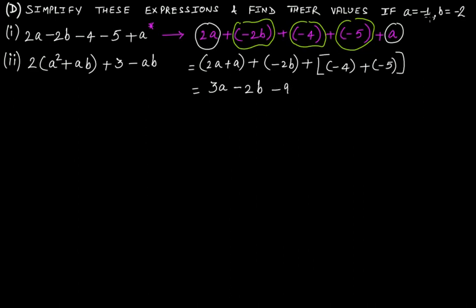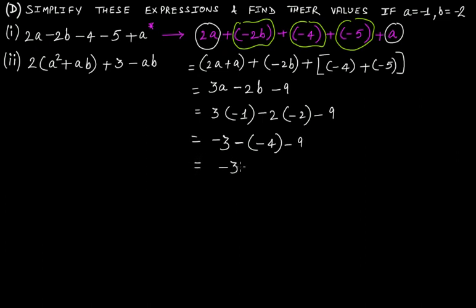Now let's put the value of a and b here. This becomes 3 times minus 1 minus 2 times minus 2 minus 9. This gives you minus 3 and this becomes plus 4 because here it is minus 2. So if you multiply 2 with minus 2, it becomes minus 4 first. Or let me write it here like this, otherwise you get confused. This is minus 4, 2 times minus 2 is minus 4, and this gives us minus 9.